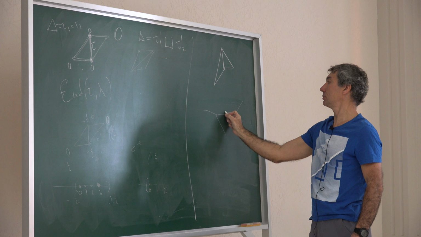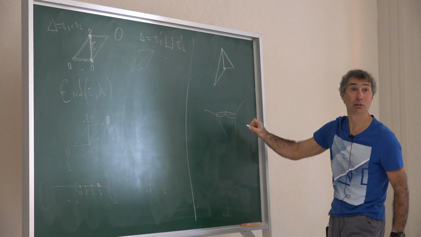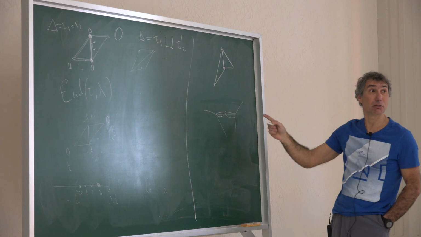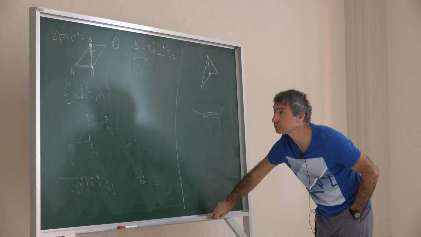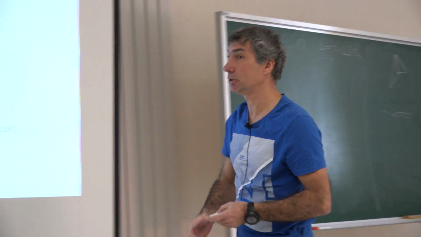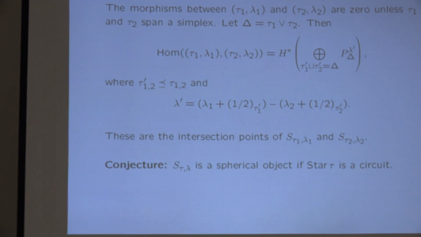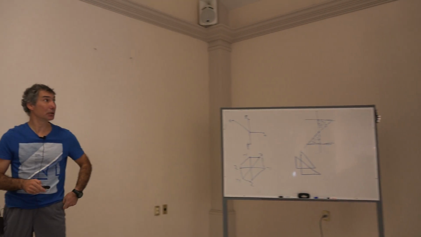So this is your circle. But if you draw it, this circle actually self-intersects. So this is not a spherical object, and you can compute its Homs. It has middle terms. All right. So I have 7 minutes, maybe something like that.